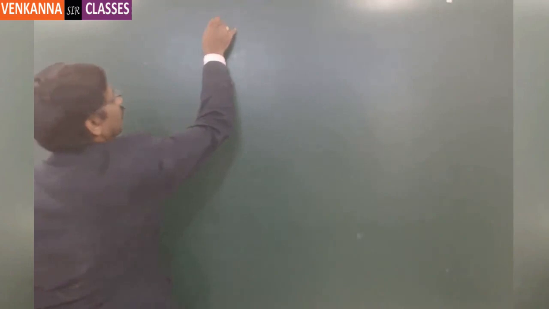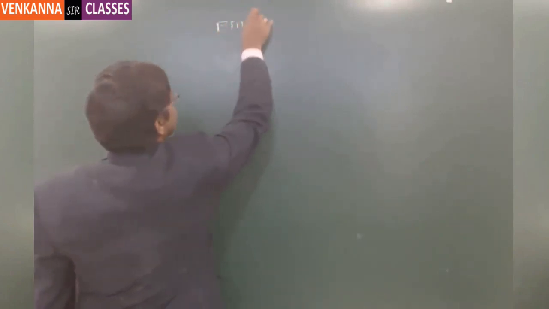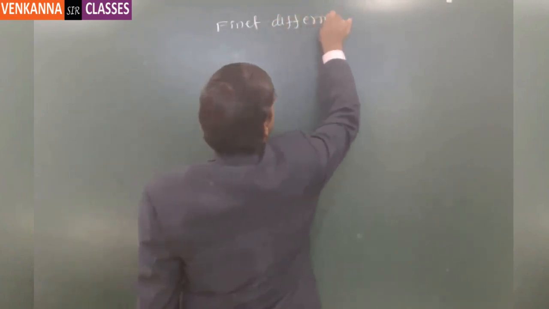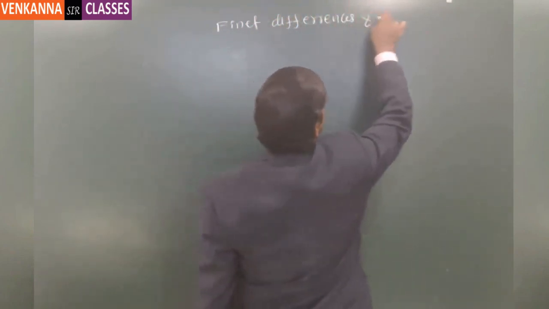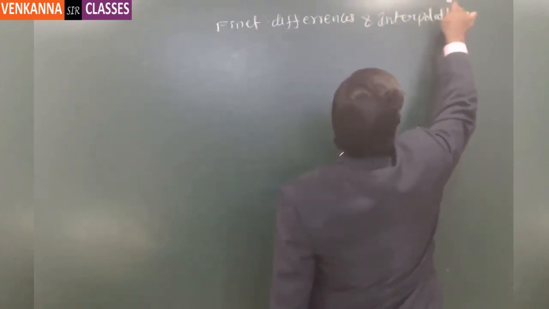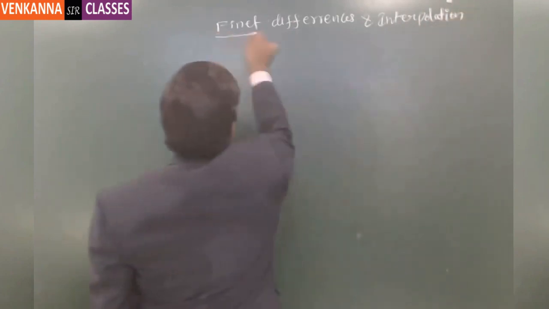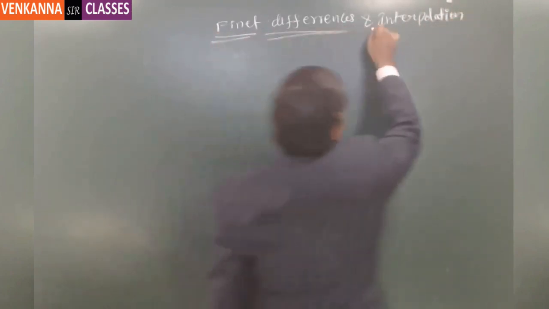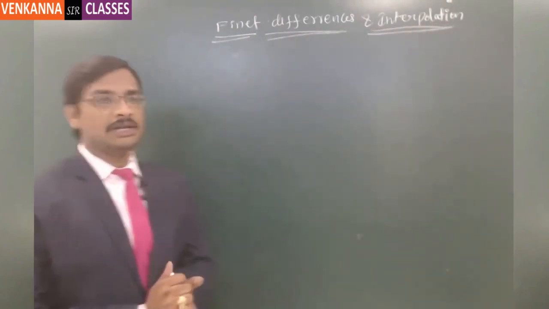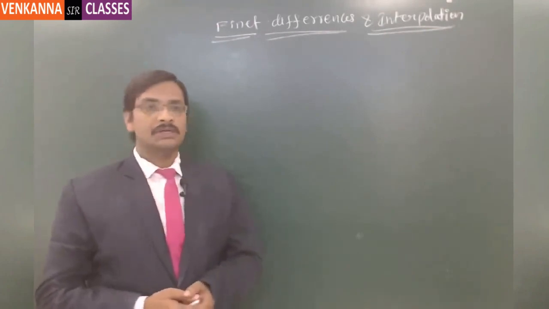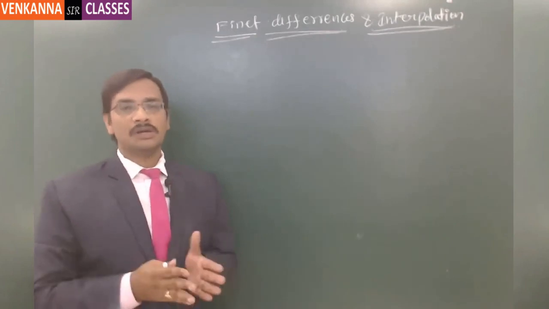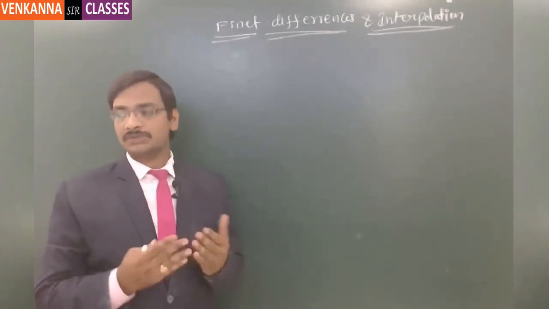Finite differences and interpolation. Okay, so in this finite differences and interpolation, what we are going to study is, if there is a set of tabulated data, from there we want to find out the interpolated or extrapolated value.